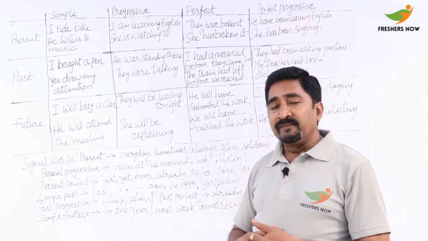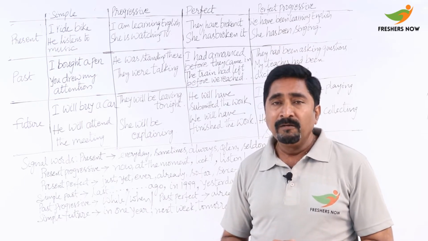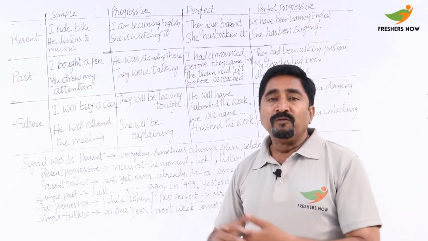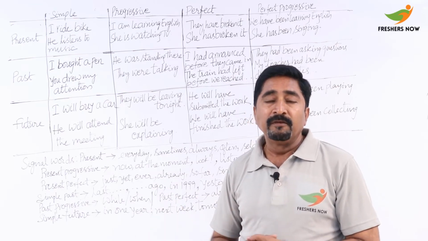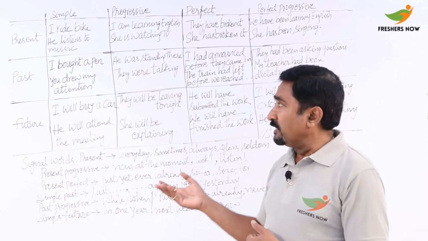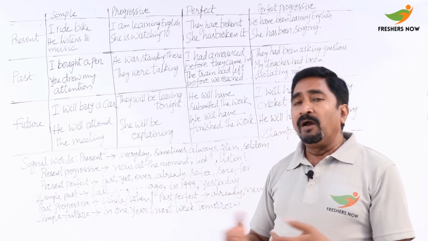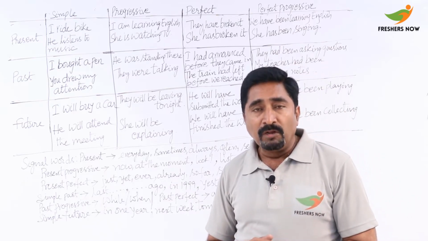Now let's see the next one, simple future. By the title it's clear that it is an activity to take place in the later course of time. Now here we can see examples, and we have the words will and shall.